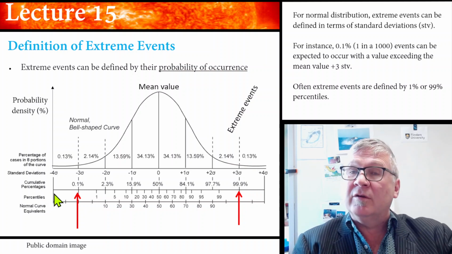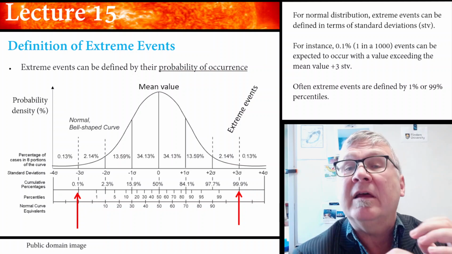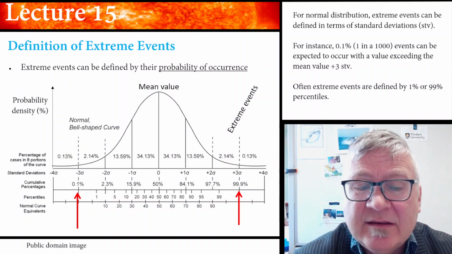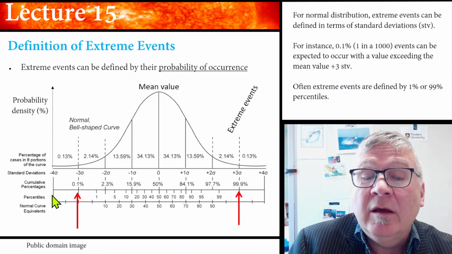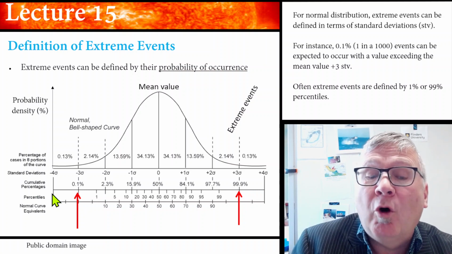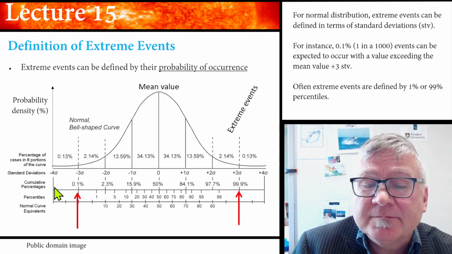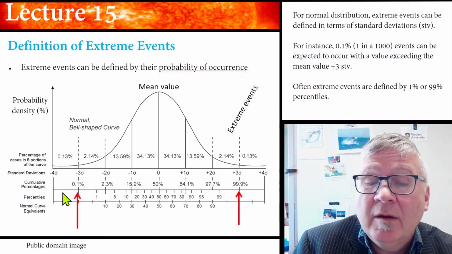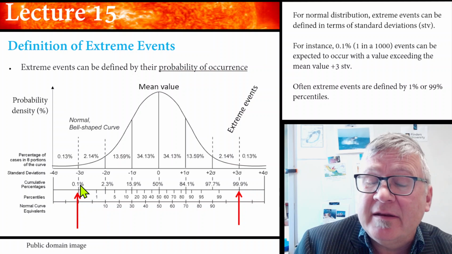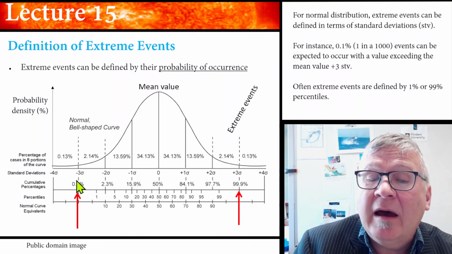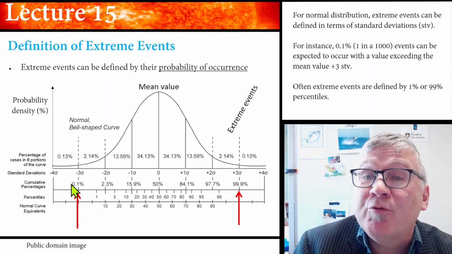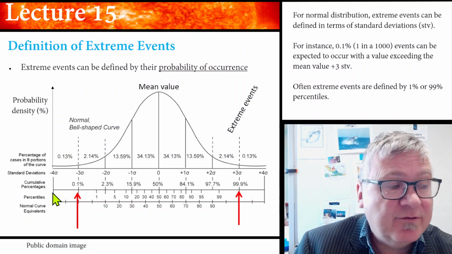If you start on the left side, looking at the very coldest days, there's only 0.1% of all events below mean value minus 3 standard deviations.